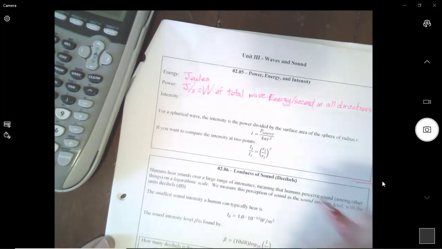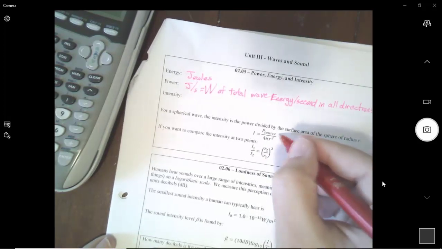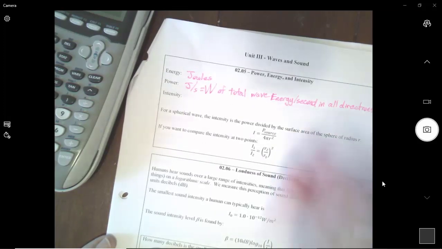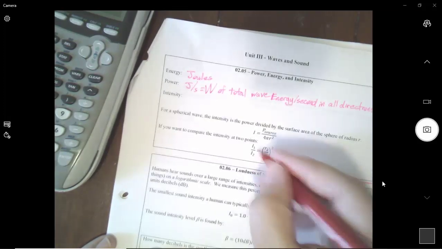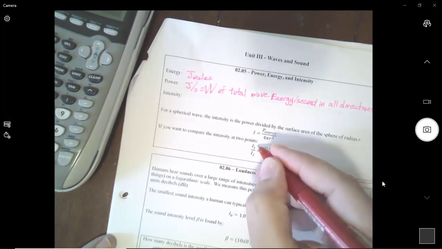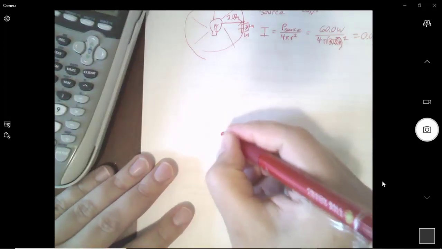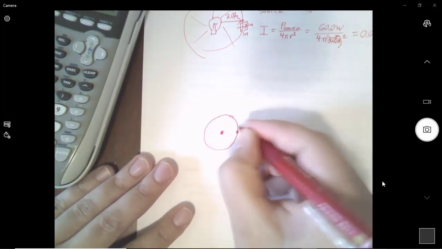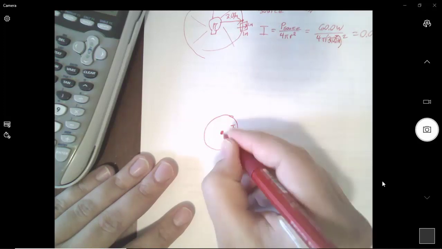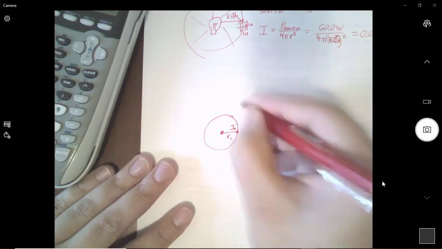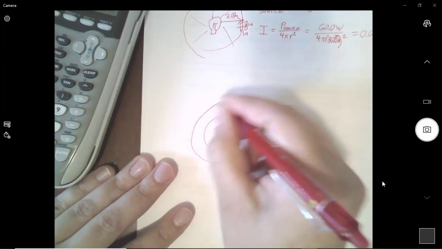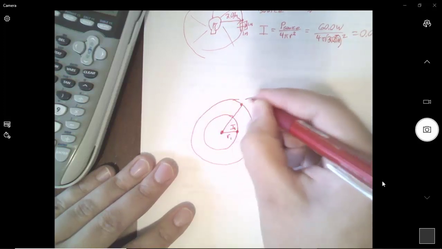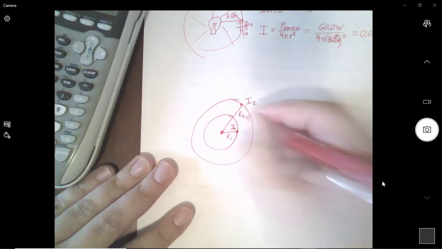The other calculation we have here is we don't necessarily know the power in the middle of a particular source, but we do have the intensity at one given point, and we want to calculate the intensity at another given point. So the idea is, sure, there's a source in the middle, but what we have is the intensity here, so we could call that I1, and we have R1, but we might want intensity 2 at a distance of R2.